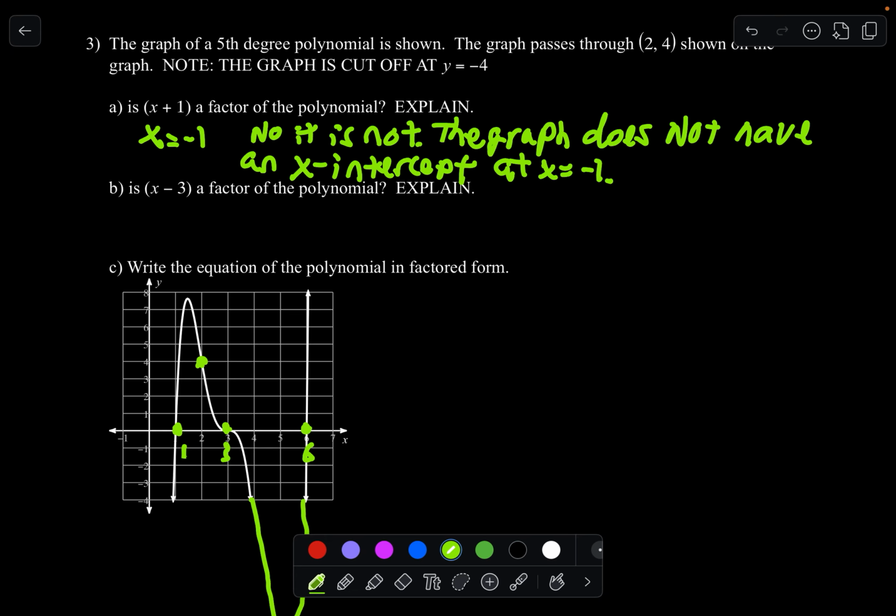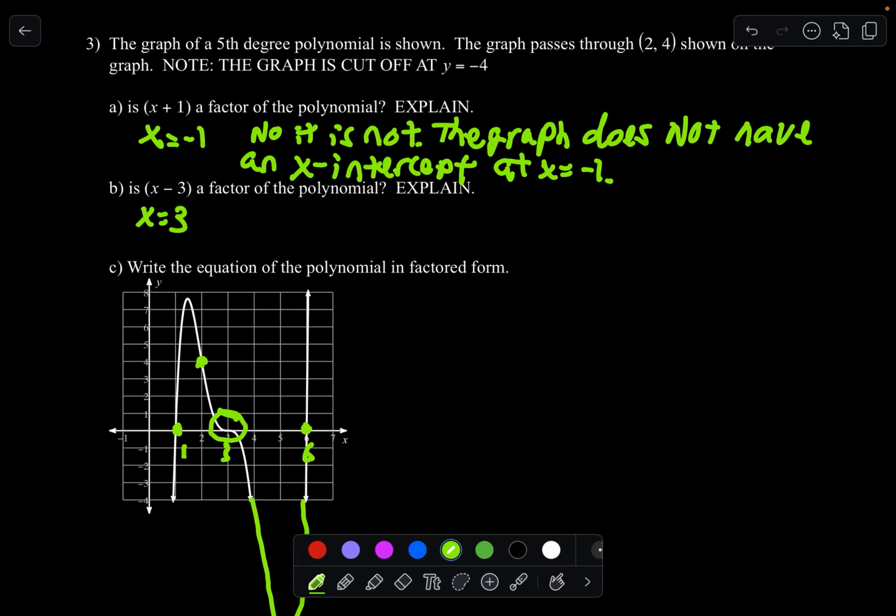Okay. Is x minus 3 a factor of the polynomial? Well, x minus 3 means it has to have an x-intercept at x equals 3. Well, it does. Actually, it's an x-intercept that has a multiplicity of 3. How do I know it's to the third power? Because look how it crosses. It doesn't pass right through. It crosses with a little hitch in its giddy-up, so to speak.